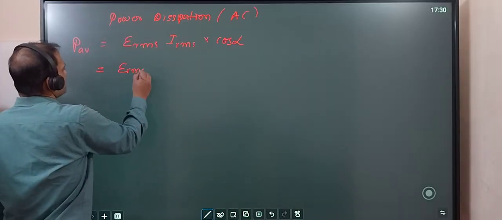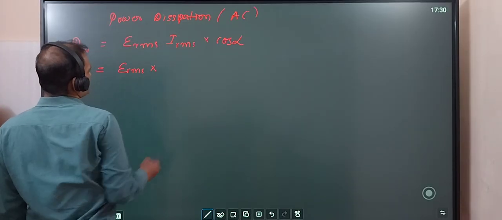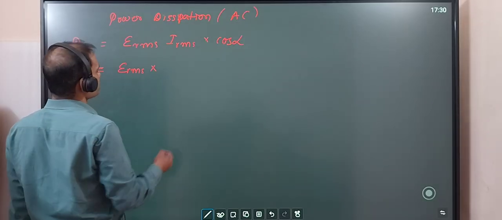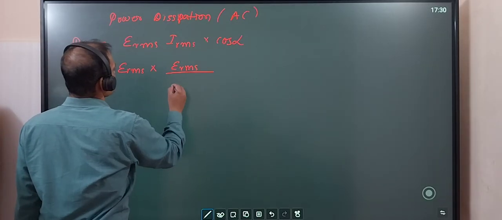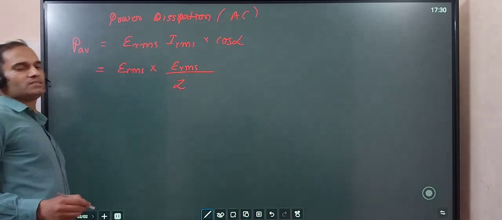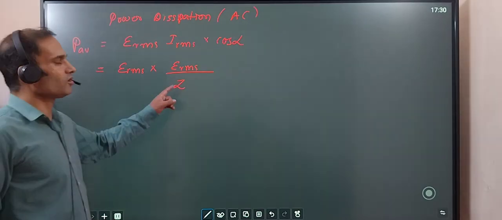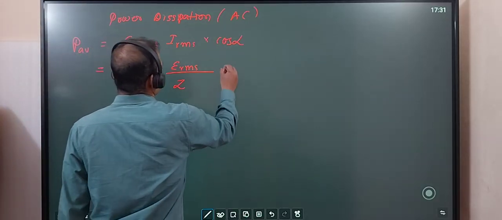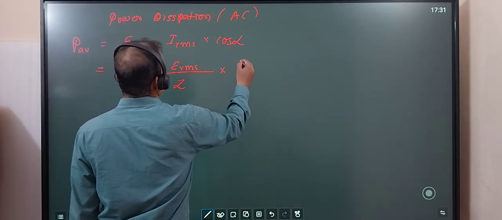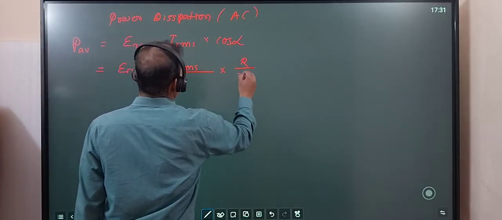Clearly, IRMS is related to ERMS by Z, which is called the total impedance of the circuit, and cos alpha, the power factor, is R by Z.